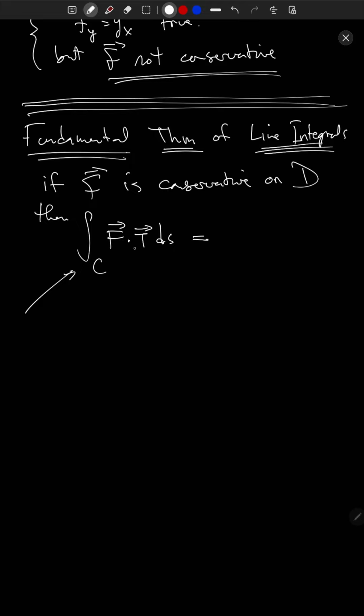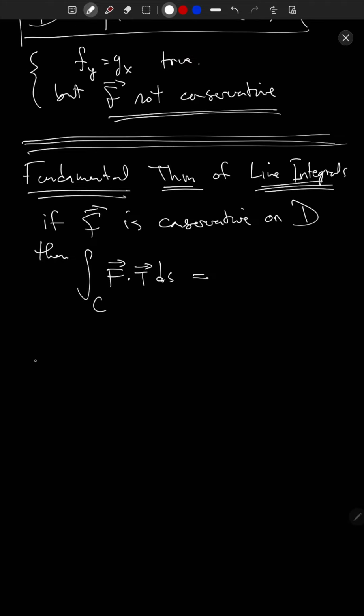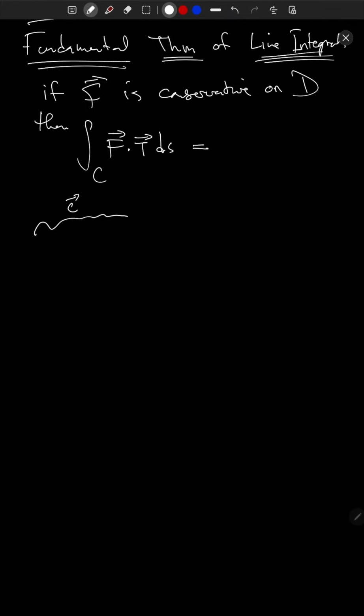So the integral of F dot T ds. Remember, you can think of this line integral as work, and we're calculating the work as we move from the start point of C to the end point of C. Let me draw a small picture here. Let's say this is C. This works whether you're in space or in the plane.